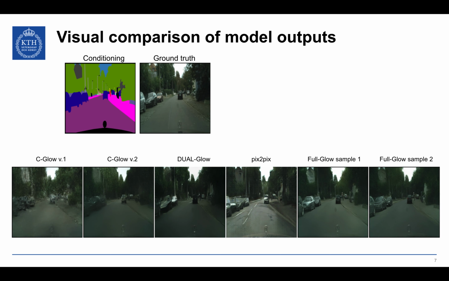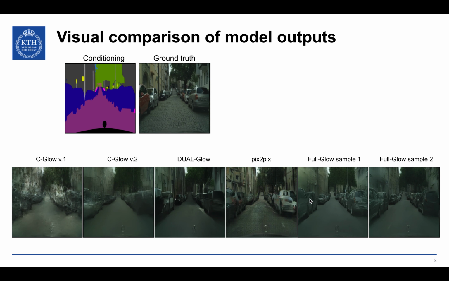We can have a look at the visual comparison of the samples synthesized by different models. And we can see that the full GLOW model is able to generate images that are of higher quality compared to the previous flow-based models. The Pix2Pix model, the GAN-based model, is also able to generate images with vibrant colors, but they have some undesirable hallucinations, as we can see here.